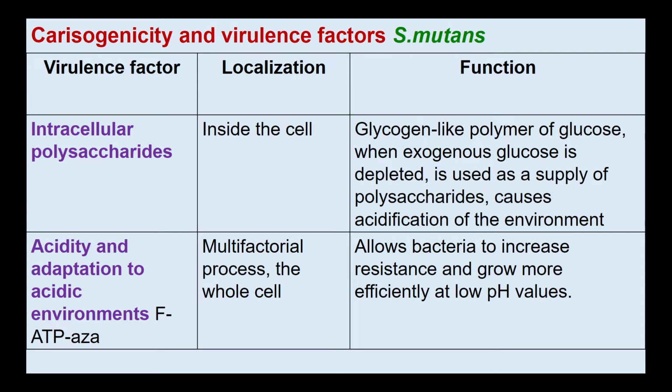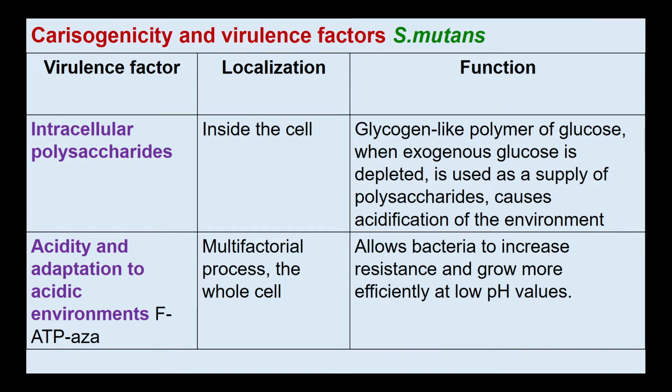When exogenous glucose is depleted, it's used as a supply of polysaccharide, which causes acidification of the environment. As I said, Streptococcus always forms storage polysaccharide as a source of energy, and as a result, always forms acid during the breakdown of these carbohydrates.